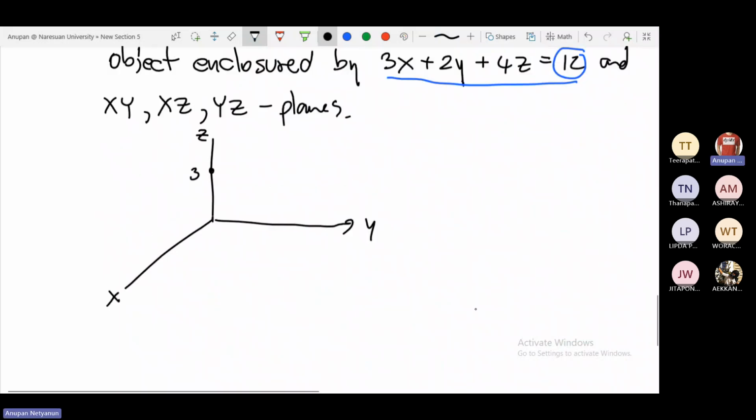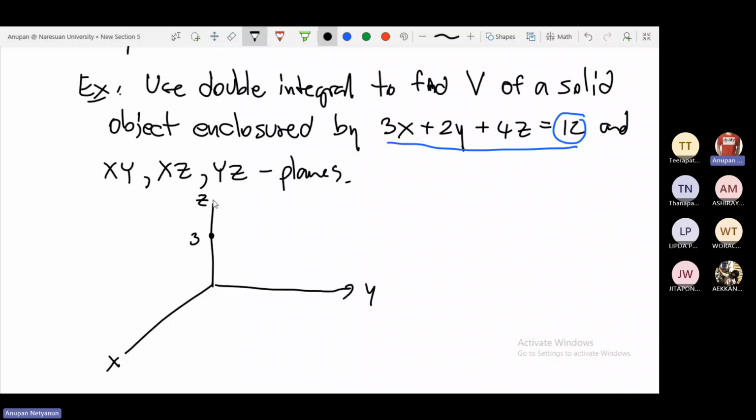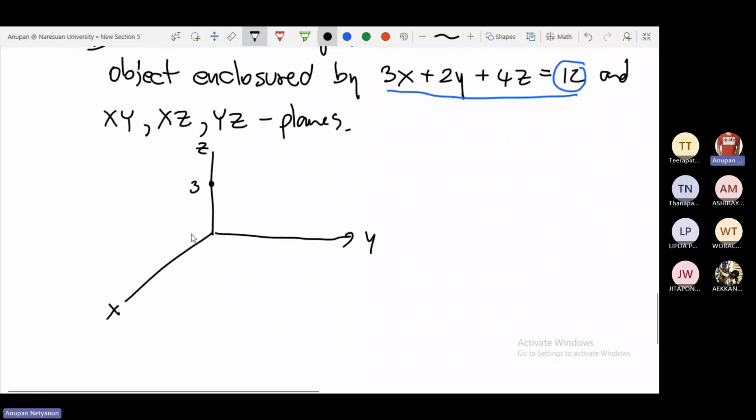Now, remember, if you want to find the intersection to the z axis, your x and y have to be 0. So you're left with 4z equal to 12. So divide by 4, you have z equal to 3. Similarly, you will have this to be 4 and this to be 6. Then you can form a triangle.